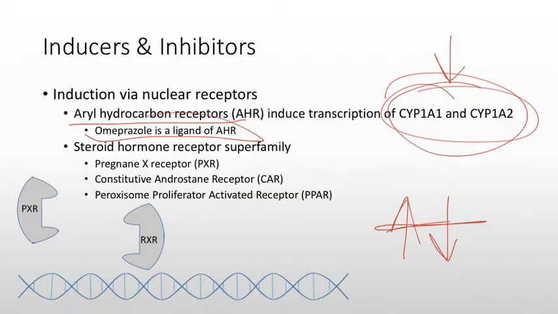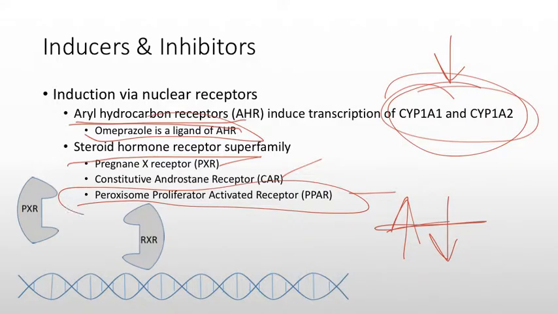So what we need to know is that there are aryl hydrocarbon receptors. There are the steroid hormone receptors, for example, pregnane X receptor, constitutive androstenedione receptor, the peroxisome proliferator activator receptor, the PPARs. There are several subgroups of the PPAR receptor that are medically important.